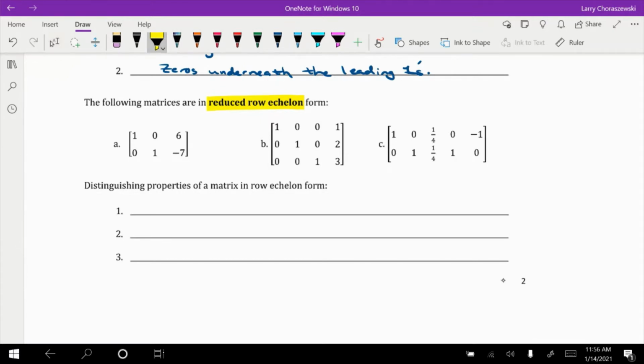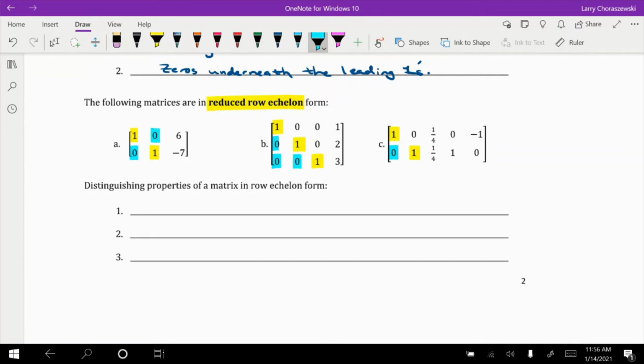You'll notice that each row has a leading one in all three of these matrices. There are also zeros underneath these leading ones. But you should also be seeing zeros above the leading ones.